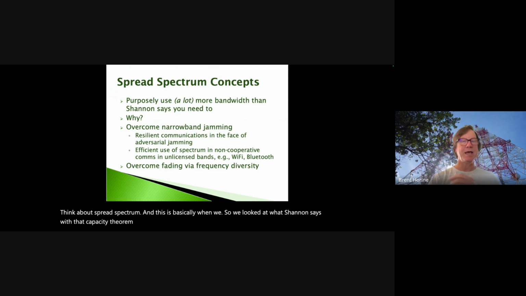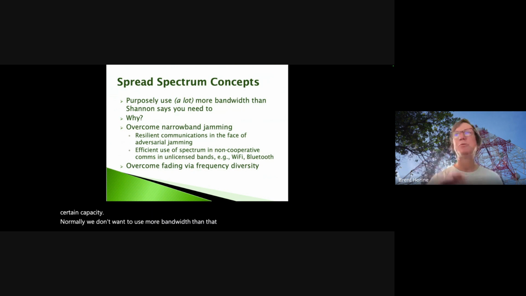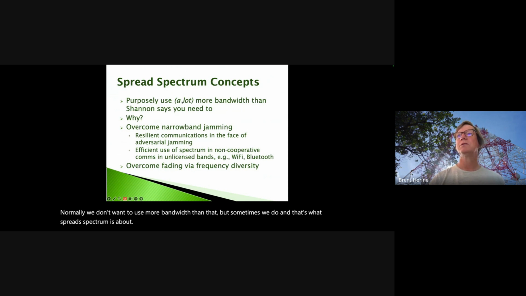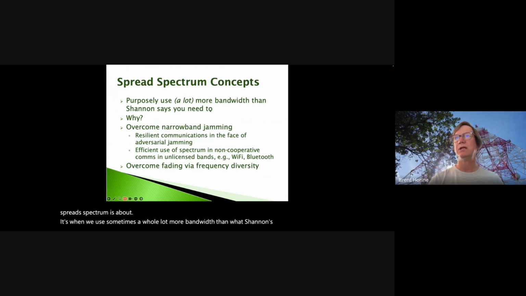So we have that capacity is equal to bandwidth times the log base 2 of 1 plus the signal-to-noise ratio, right? And so given a certain amount of bandwidth, we can get a certain capacity. Normally, we don't want to use more bandwidth than that, but sometimes we do, and that's what spread spectrum is about. It's when we use sometimes a whole lot more bandwidth than what Shannon's capacity theorem says we need to.